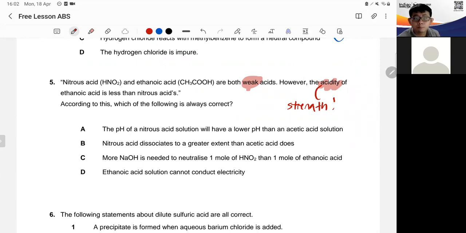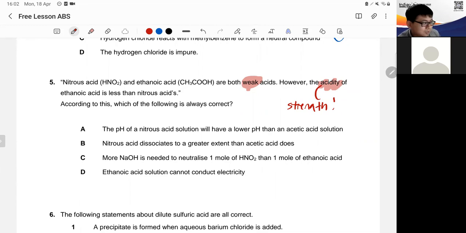So perhaps this question will make you realize that there are many types of weak acids out there. There are weak acids that dissociate to give 1% H plus, some dissociate to give 0.1%, 0.001%. There is a gradient as to how weak a weak acid can go.